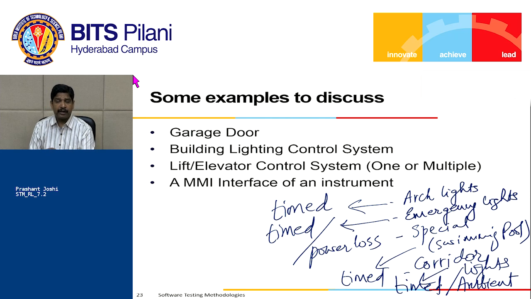The last one is an MMI interface of an instrument. Say, for example, a digital camera or a mobile phone that we keep using. It's a man-machine interface, a touch interface, a keypad interface, which allows us to do a lot of functions. It's all about those states.